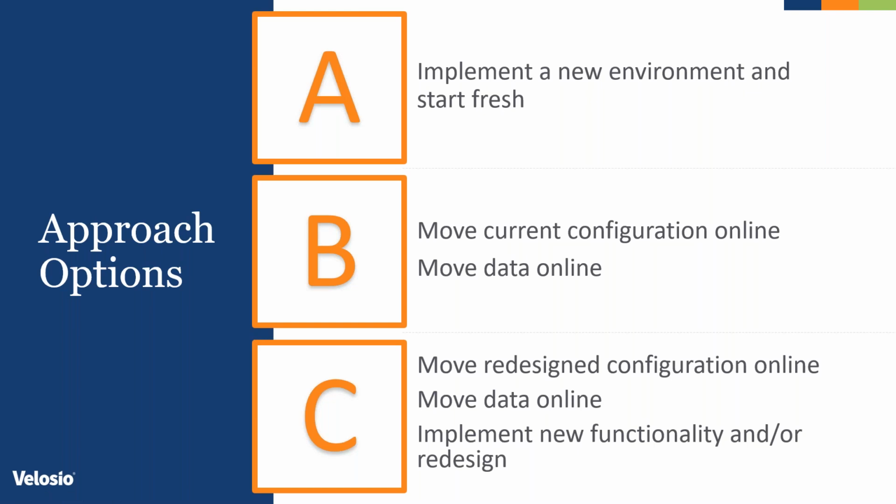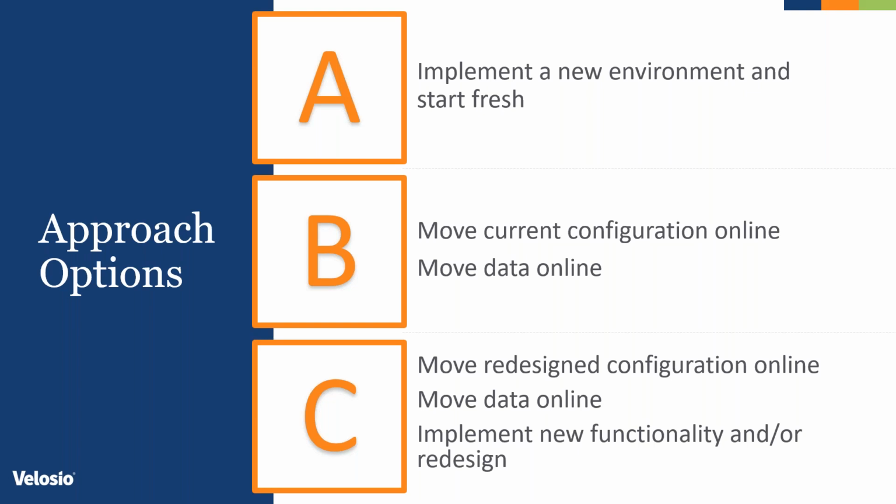So the first one is the one I've labeled A. This one is, you want to implement a new environment and start completely fresh. So that is exactly what it sounds like. This is as if you're implementing a new product. You start designing out what the product will be and implementing it, and you start fresh without any data.